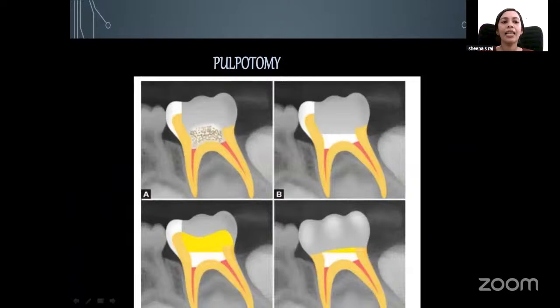Indications: pulpotomy is done in carious exposed primary teeth, and there should not be any periapical change. What do we mean by periapical change?